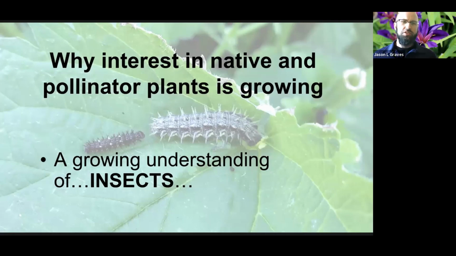So why interest in native and pollinator plants is growing, from what I'm finding, is that there is a growing understanding of insects with even everyday gardeners that are really starting to pay attention.